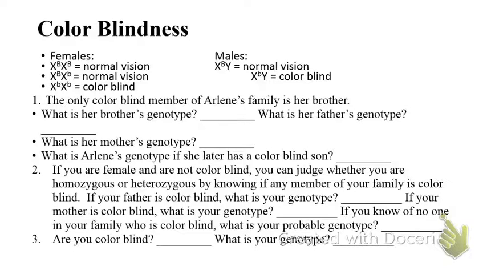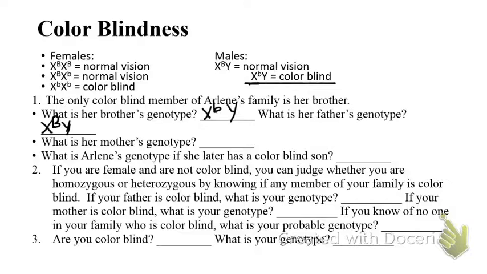Well, he's male and he's colorblind, so he is X, little b, Y. And what is her father's genotype? Well, her father could not have given him the defective colorblind gene because he had to give him the Y, so his father is normal.